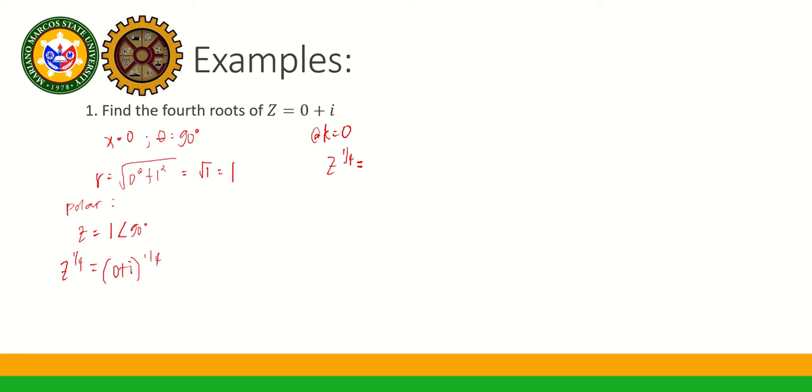So, z raised to 1/4 is equal to, what is r? Sundan lang natin yung formula. So, 1 raised to 1 over 4 angle, since naka-degrees tayo, so yun yung gagamitin natin. 90 plus 360, what is k? That will be 0 over n.